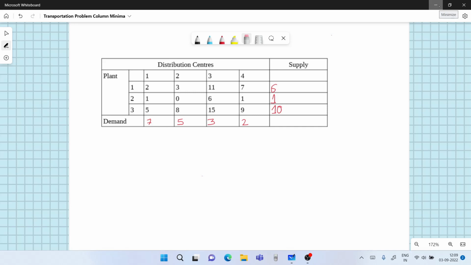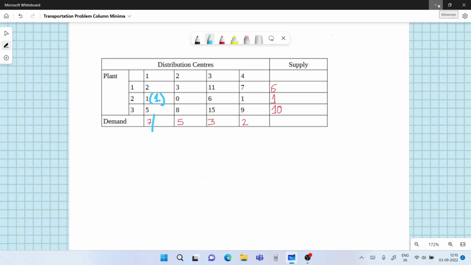From plant number 2, if we need to send it to distribution center number 1, the least cost of supply is 1. So we take the supply from plant number 2 and give it to distribution center number 1, because this is at the minimal cost or the least cost.